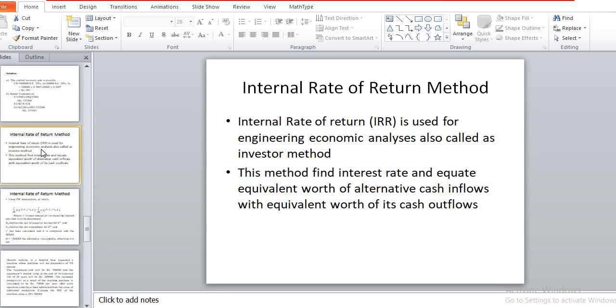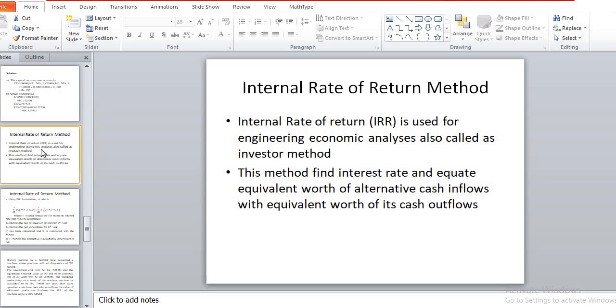In this internal rate of return method, which is used for engineering economic analysis, it is also called the investor method. As the name suggests, this method is used to find the interest rate and equate the equivalent worth.